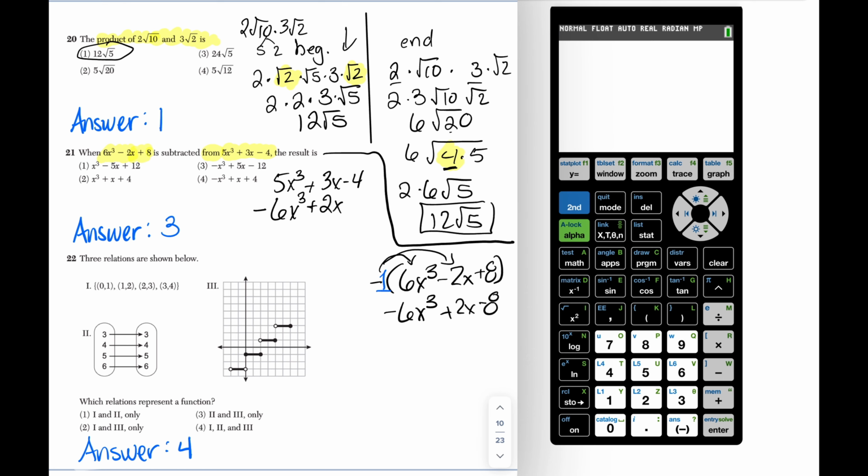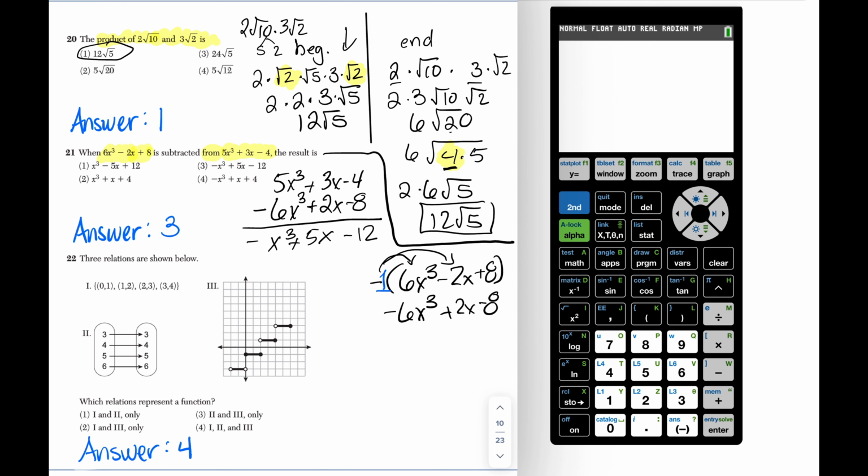Okay, so I want you to see what's happening here because I need to subtract this entire part. So now I'm going to put that there, and you can subtract. So on the end I have negative 12, and 5x to the third power minus 6x to the third power, it's going to be negative 1.